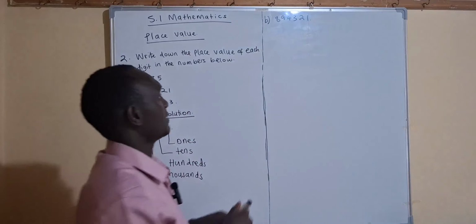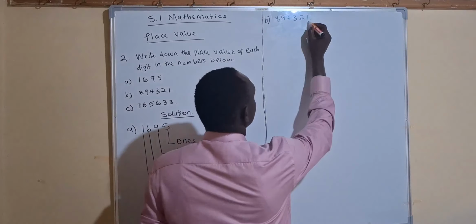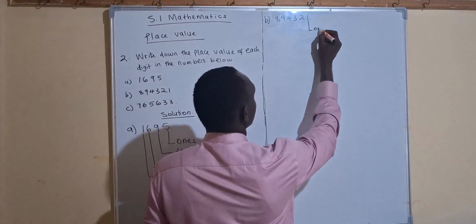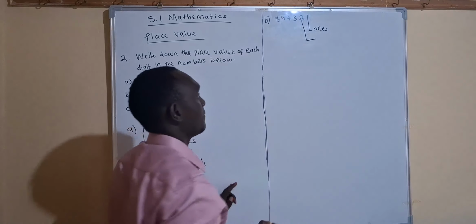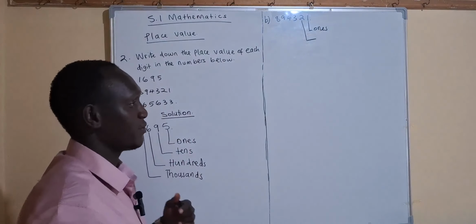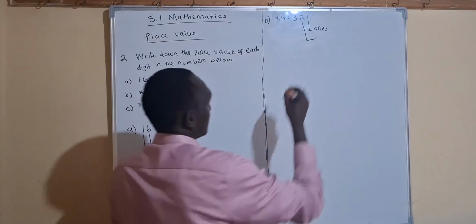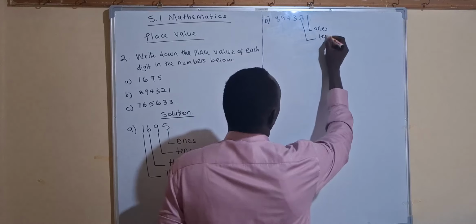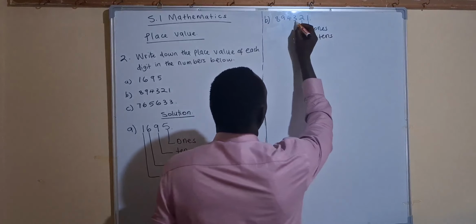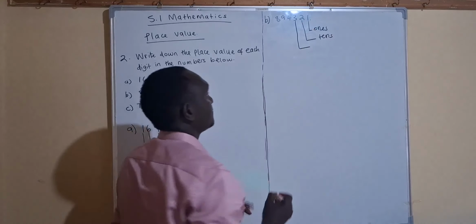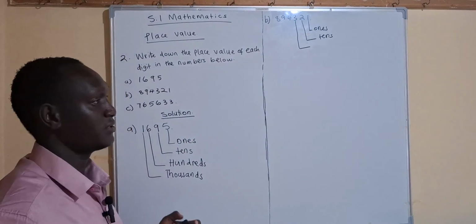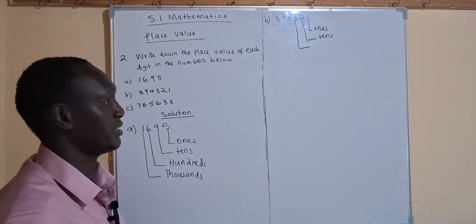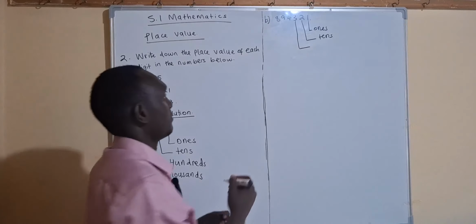That position is a position of ones. So you just mark this and say these are ones. And the implication is that in that number, 1 is occurring 1 time. The next position is for tens, which implies that tens are occurring 2 times, or there are 2 tens in that number.